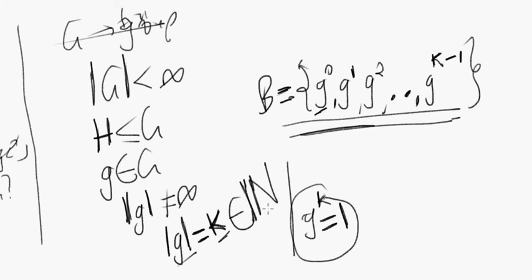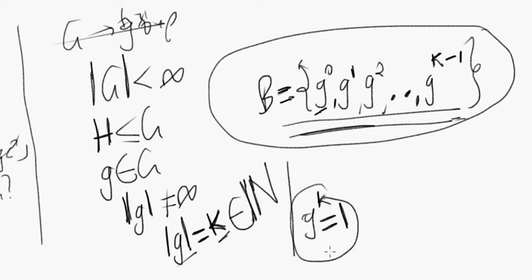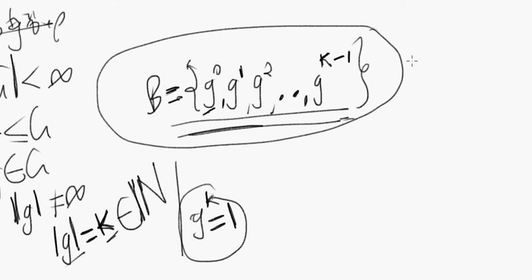Please verify that B is a group, right? And it's a form of group called a cyclic group. If you're familiar with this, great.